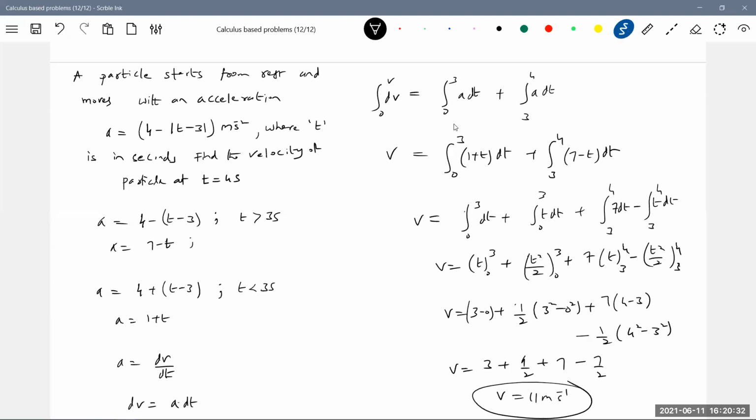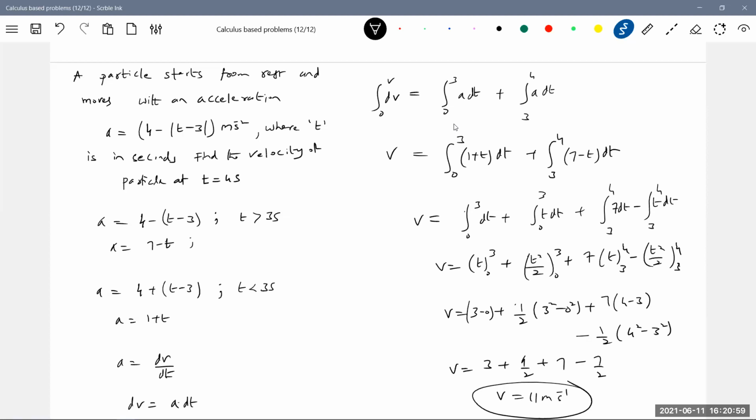Okay, the equation, the mod meaning here is like this. The acceleration of the particle for less than 3 seconds and for more than 3 seconds is different. That's what is being put by the mod. Sir, at t equal to 3 seconds, which equation should we use, the first one or the second one?